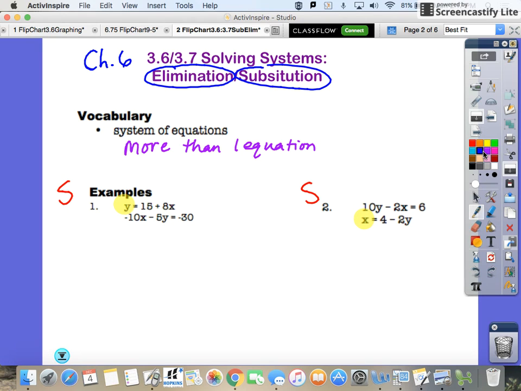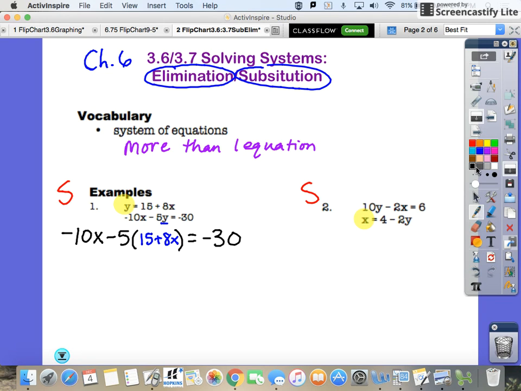But because we know the y value is equal to 15 plus 8x, in the second equation, what we can do is replace y with 15 plus 8x. So instead of this y right here, we replace it with 15 plus 8x.